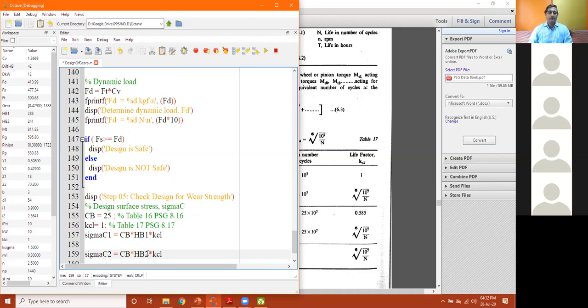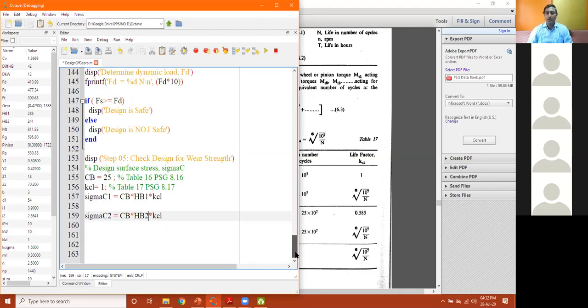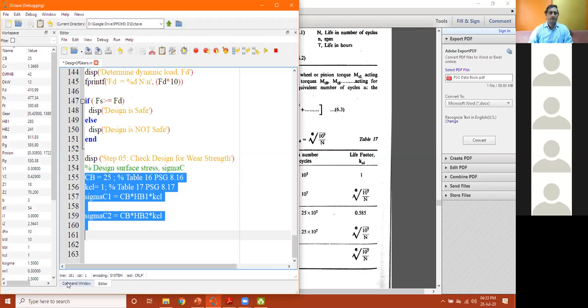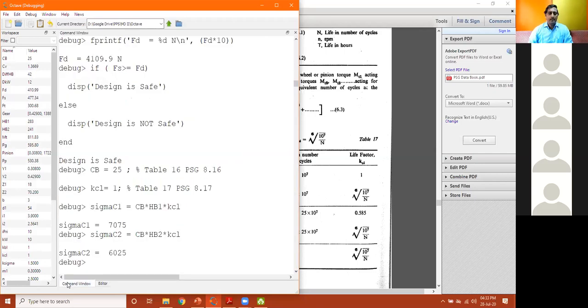So can anybody tell me what is the magnitude of sigma C1 and sigma C2? Obviously the unit of these values is kgf per centimeter square. Sigma C1 is 7075. I will just run this portion of the code again.